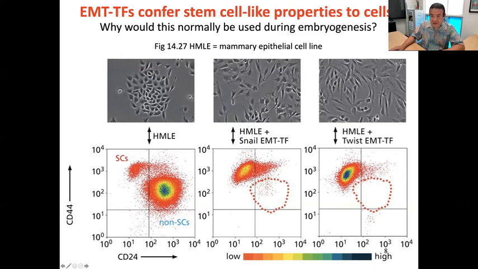Right? So part of being more stem cell-like, as you can see from the images up here, is they no longer have this dependence on being stuck to each other, and to a certain degree, less dependence on always being fixed on the basement membrane.